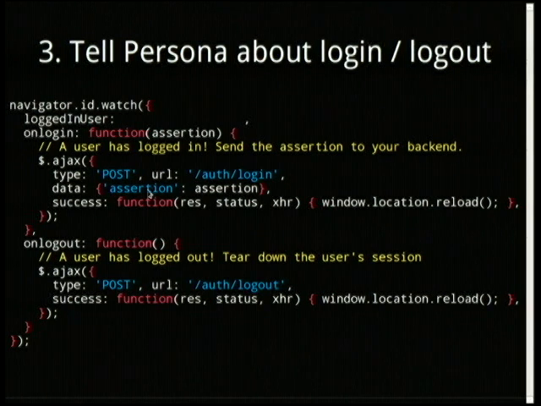The only data I pass in is the assertion. This is JSON for my backend. And then on success, I reload the window because I should have a session established by then. And then the third thing is this parameter, logged in user. And what you need to do is in your template, your Django templates, Jinja 2, Mako, whatever, figure out who you are rendering this page for?